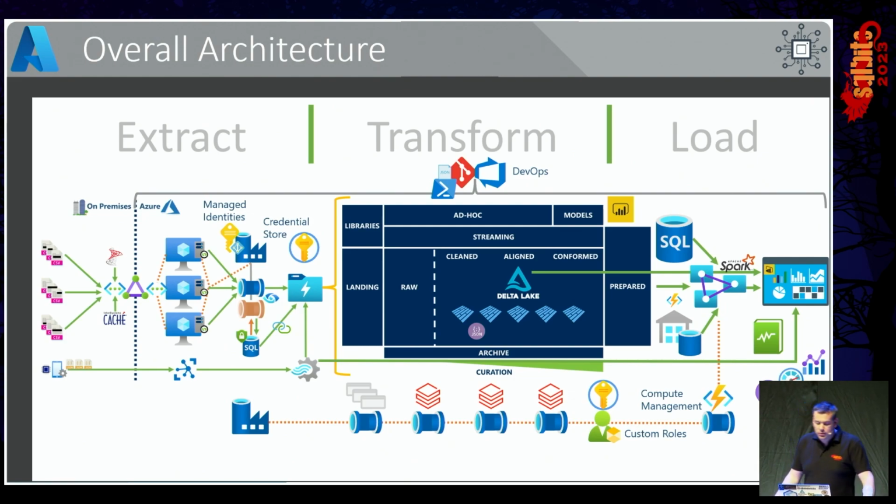We need to add some more icons in here for the networking. Networking. The number of times now where I've had to take my data engineer hat off and put my networking engineer hat on and go and say to the IT teams, yes, I've got a Databricks workspace. Yes, I've got some clusters.